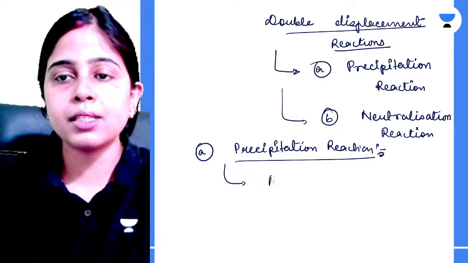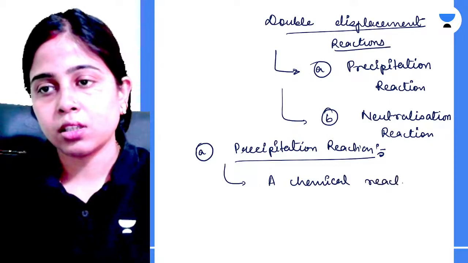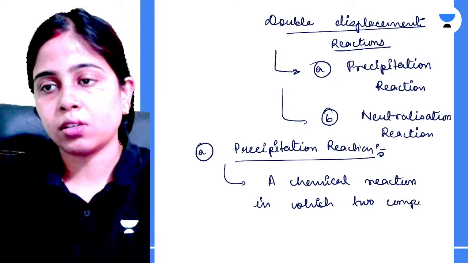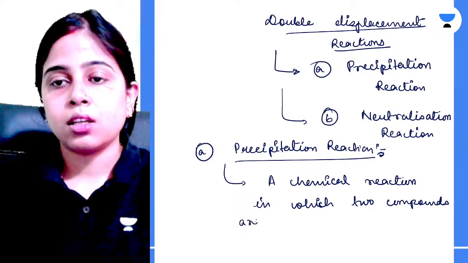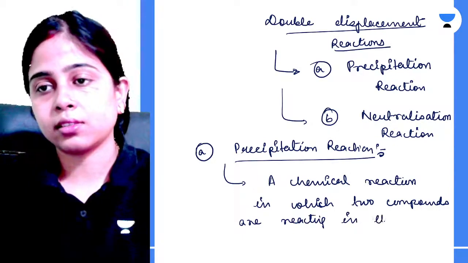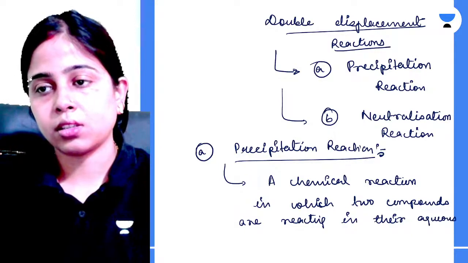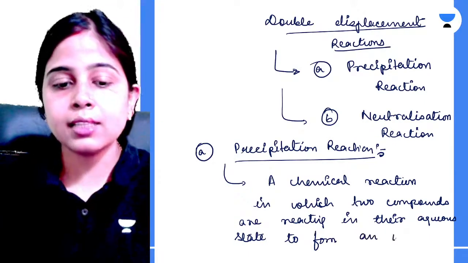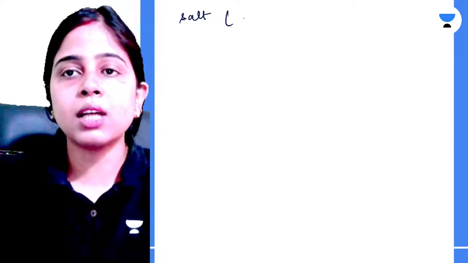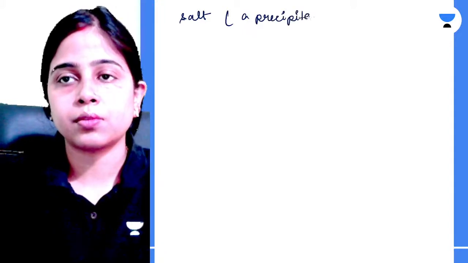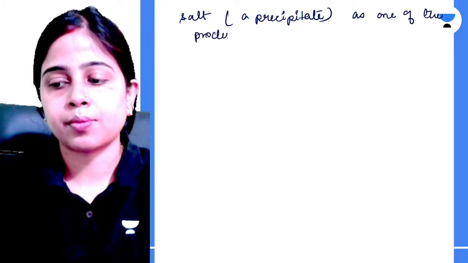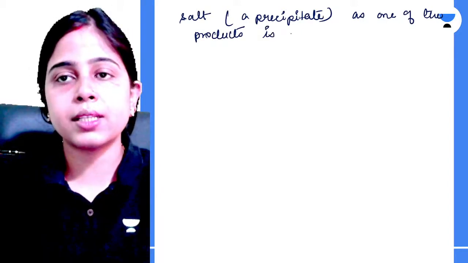So in precipitation reactions, what happens? A chemical reaction in which two compounds are reacting in their aqueous state to form an insoluble salt, known as a precipitate, as one of the products, is known as a precipitation reaction.